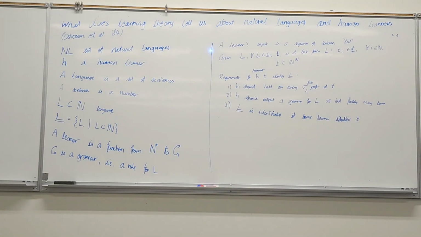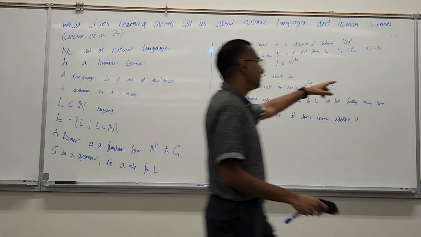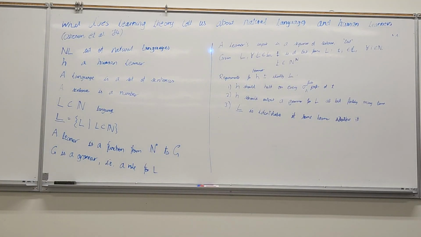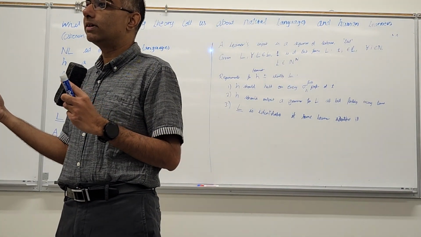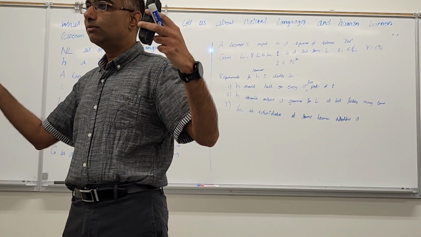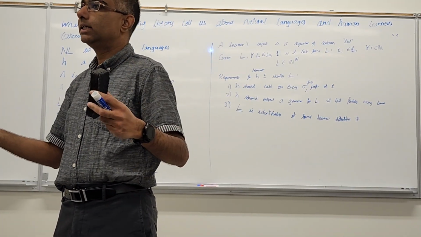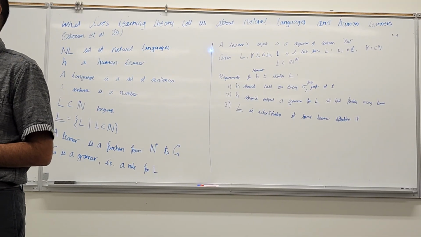We are assuming that the set of natural languages is identifiable, which means it cannot have all finite languages. But if it cannot have all finite languages, that means there must be at least one finite language, some finite collection of sentences, that's not in this set. So that's all it's saying.